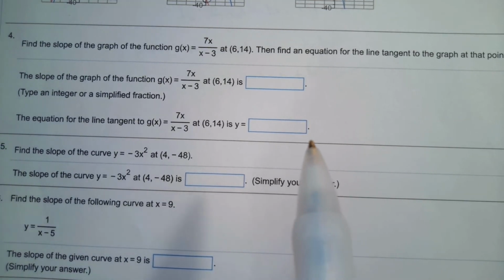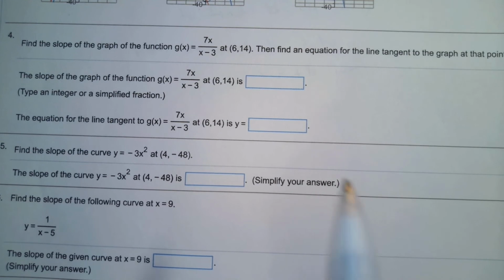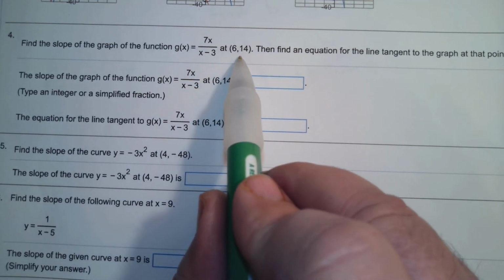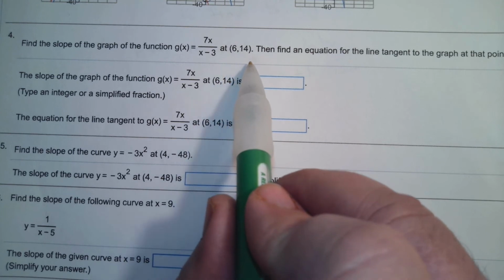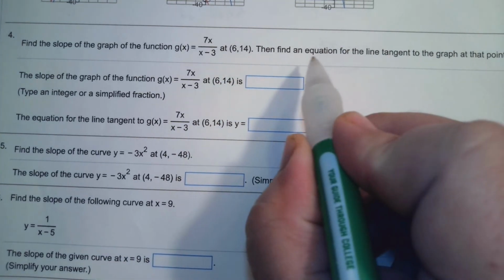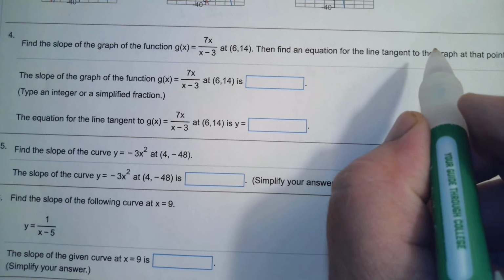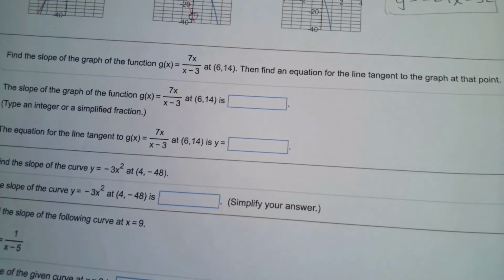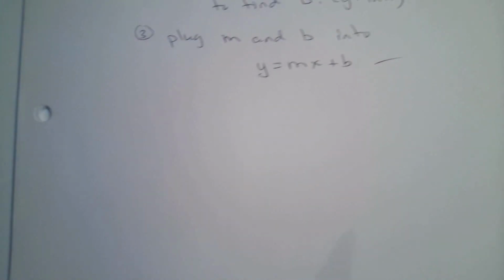Find the slope of the line of that function at (6, 14). Then find the equation of the tangent line. Pretty much what we just did there, but it's a fraction. So let's go over here.